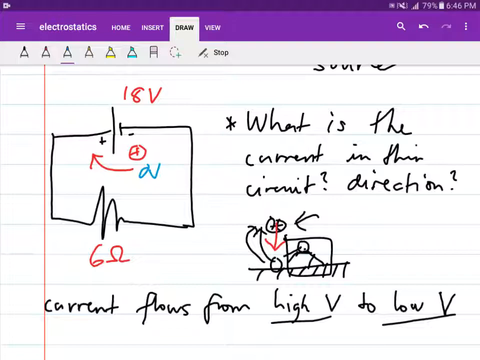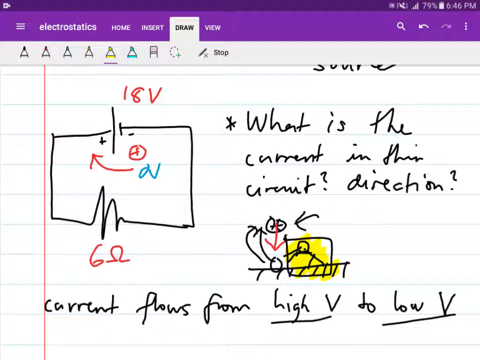And if it encounters a battery, what this battery does, in relation to you lifting up a ball, is lift up this positive charge by 18 volts.